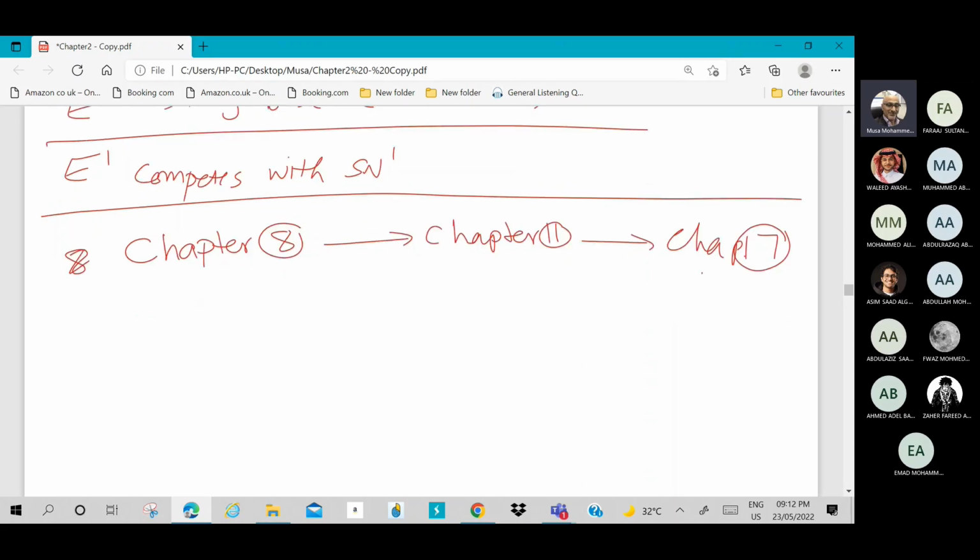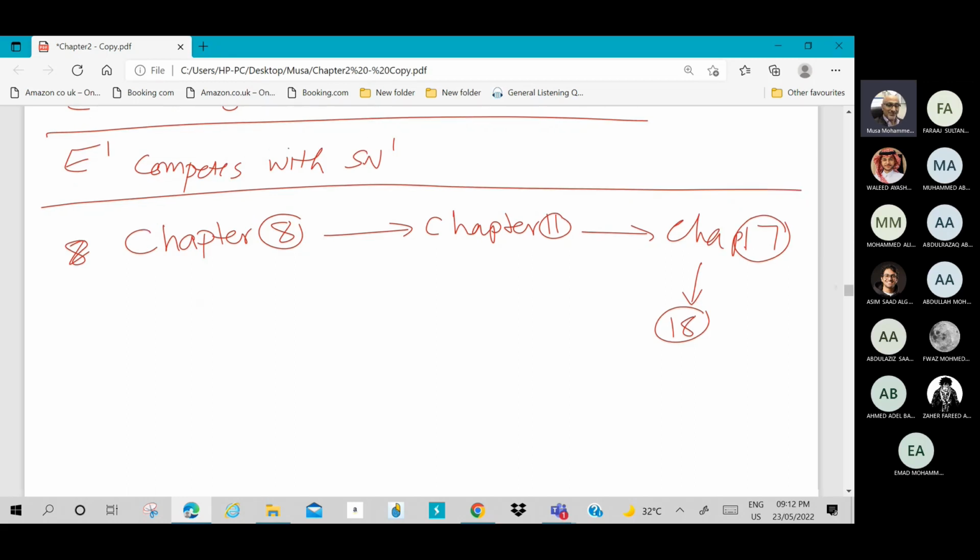Okay, and after 17 you go for 18. Of course 18 is related to 8, 17 depends on 11, and parts of 17 depends on chapter 8, the reactions of chapter 17.